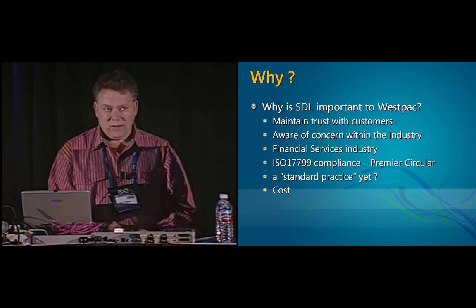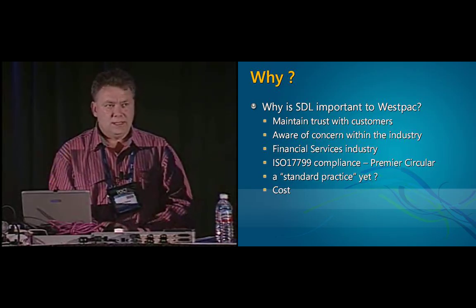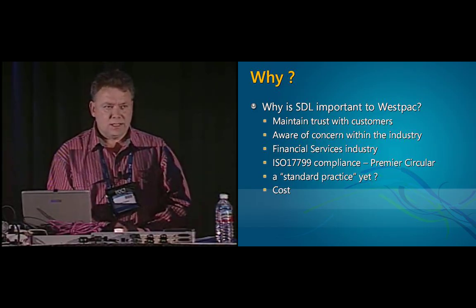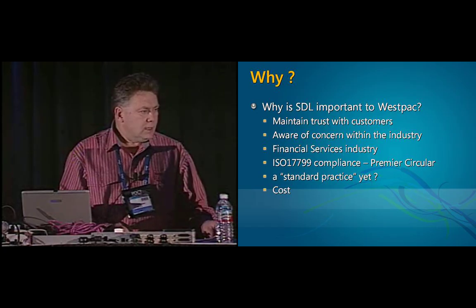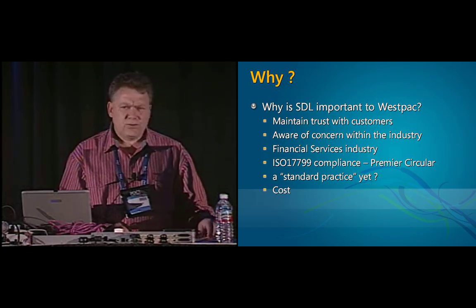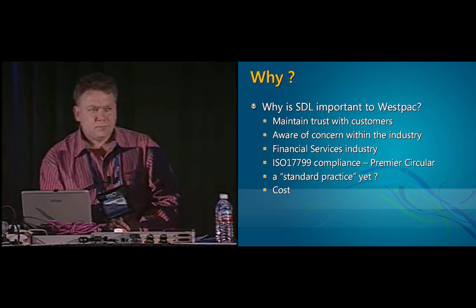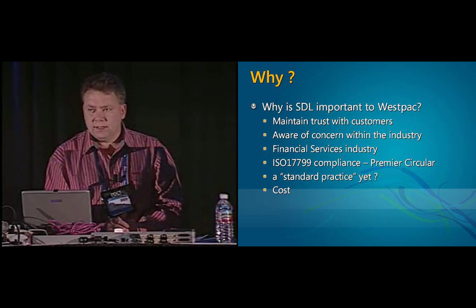software application. As Adam mentioned before, we have a large internet presence with our retail internet banking systems and also with our corporates. Within the industry, there's a lot of concern that criminals may switch targets from the normal phishing attacks that we receive on a daily basis.